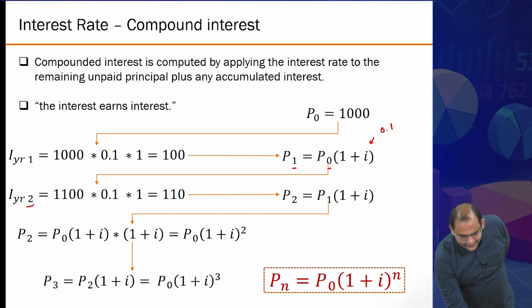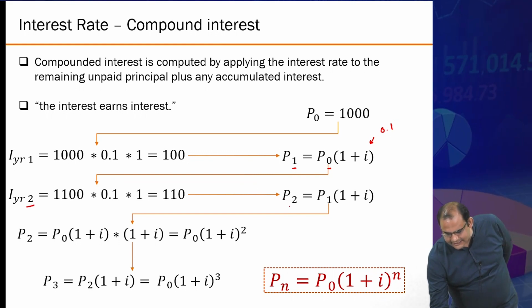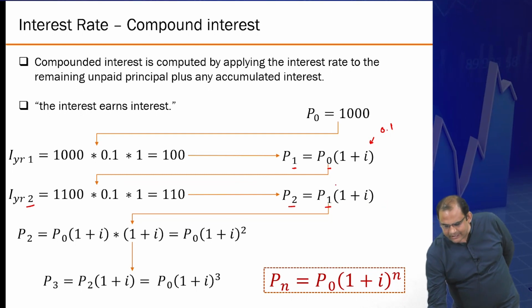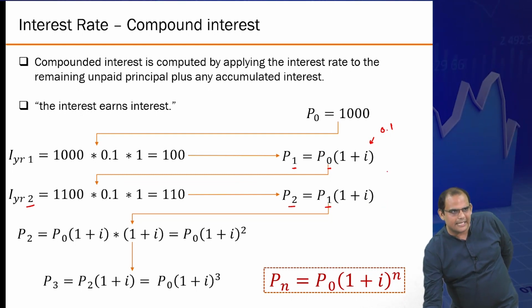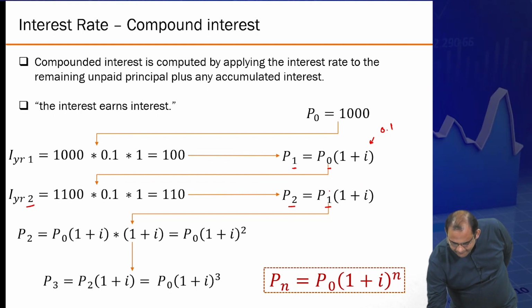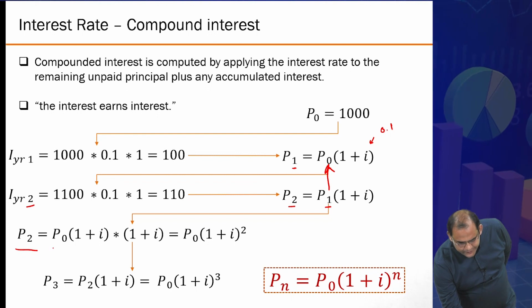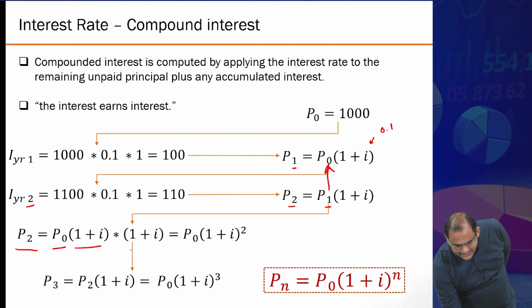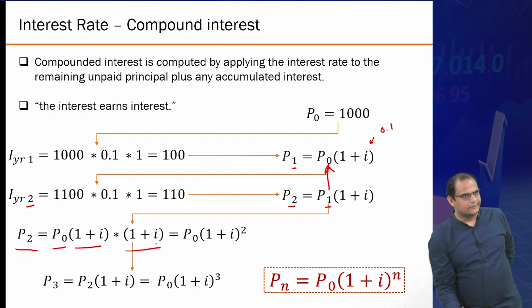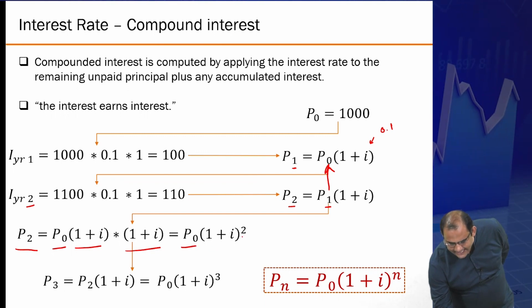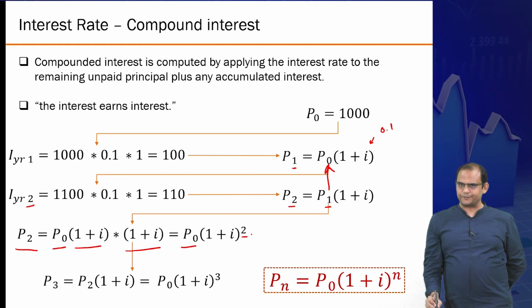And end of year 2, if you do the calculation again, P2 is equal to P1 into 1 plus I. Now P1 is again P0 into 1 plus I. So you just replace this P1 by this P0 in this particular value. The P2 is equal to P0 into 1 plus I into 1 plus I. Making sense? So P2 becomes P0 into 1 plus I to the power 2.